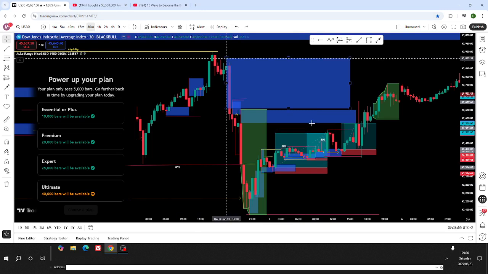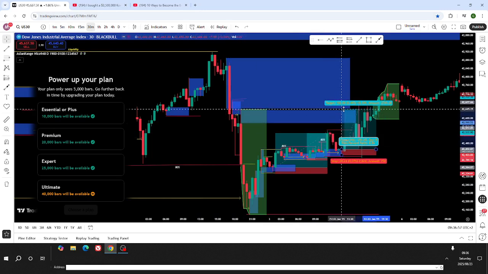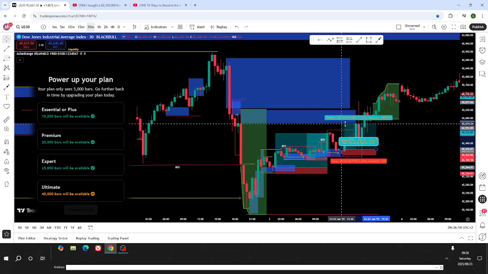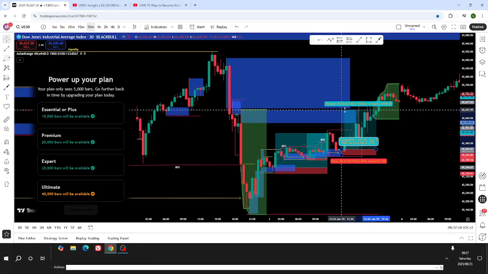So it's either you hold and take profit over here, or if you want to be safe, you take profit right over here. Or you take all profit out and leave one running up until here. But most of the time, if we have the Asian high right there, we trade into it.